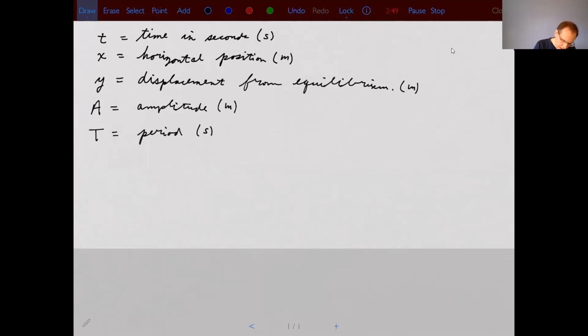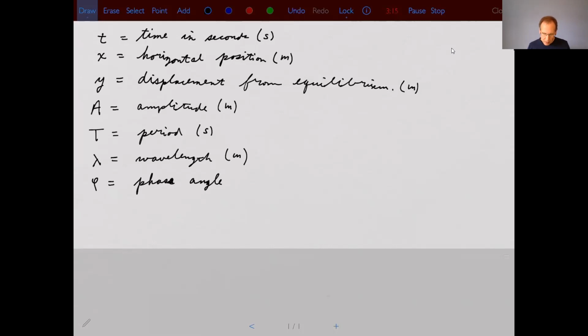That's in seconds. Lambda is the wavelength, again in meters. And then phi here is the phase angle, and that would be in radians.